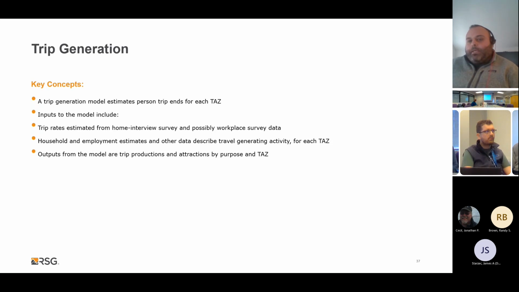So this might be the purpose, right? So if you're making a shopping trip as opposed to the destination, yeah. Yep. Shopping trip, work trip. Yep. I mean, recreation trip. Yep. These are the different markets they're asking us.